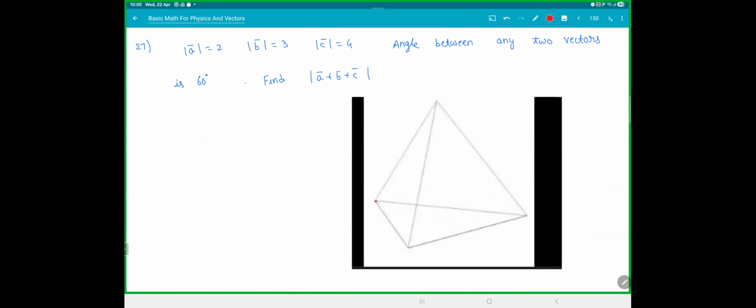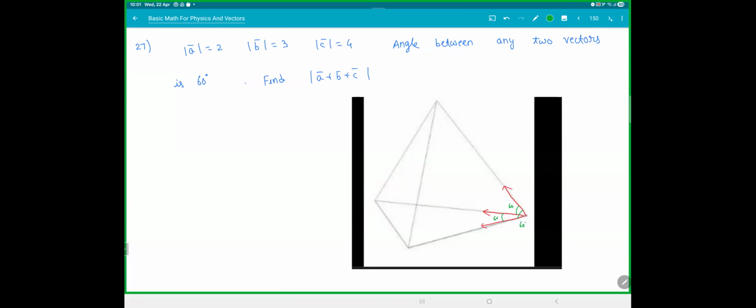So observe this thing. This is one vector, this is one vector, and this is one vector. Or maybe you can look at it from anywhere. This angle is 60. This angle is 60. And this angle is 60.